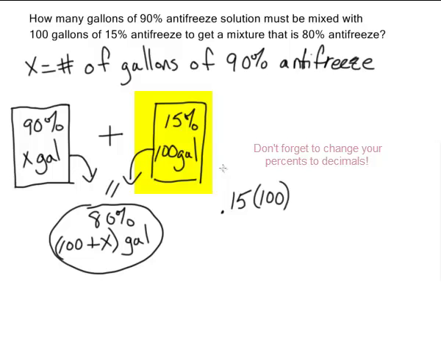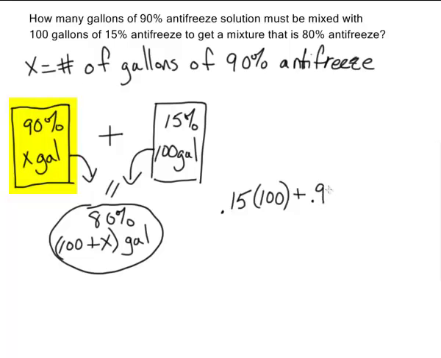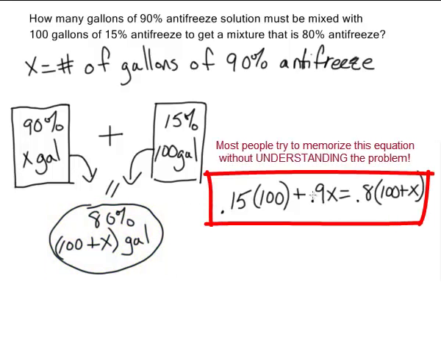That's how much antifreeze is in this jug over here, plus 0.9 times x, that's our 90% solution, is equal to 0.8 times (100 plus x). That gives us our equation to find out how much 90% solution we have.